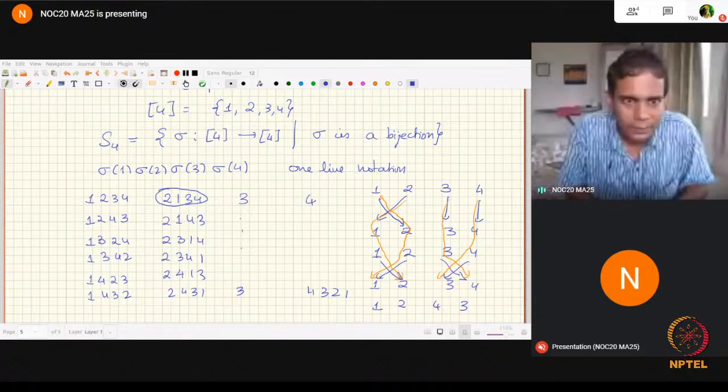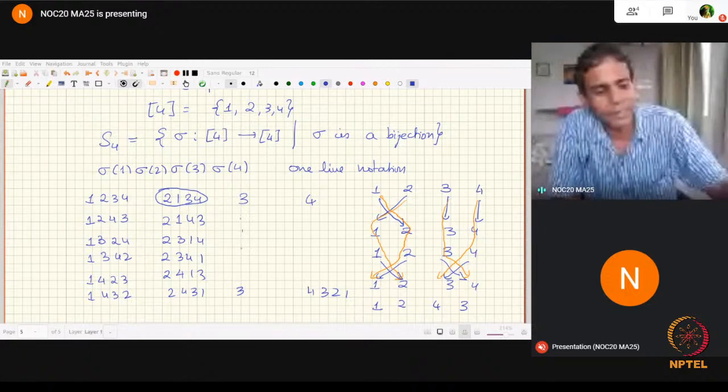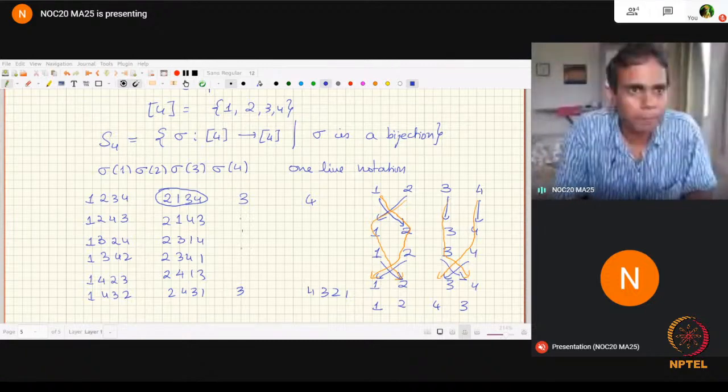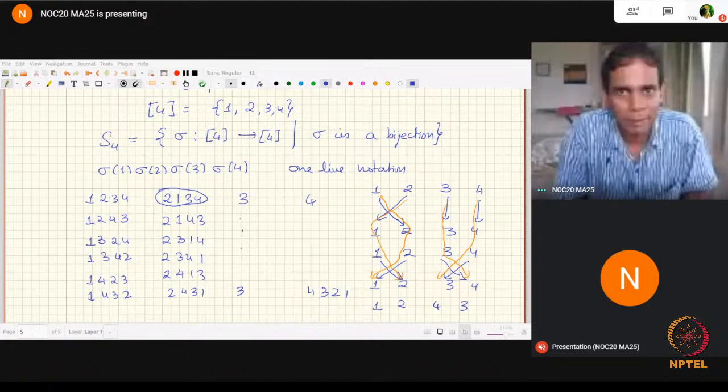Okay, so there's a question about how to visualize this and how to relate it to real life applications. Group theory has a lot of real life applications. Whenever you have an object with some symmetry, you try to understand how it behaves by using that symmetry. For example, the symmetric group Sn is the symmetry group of n identical objects, like the protons in the nucleus of an atom, which have complete symmetry.